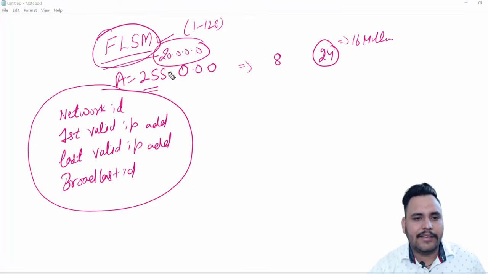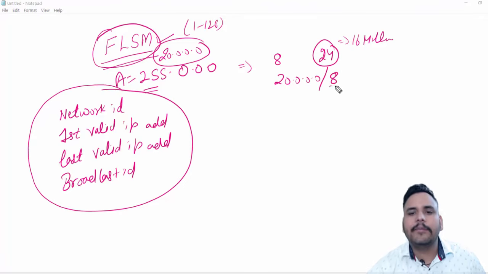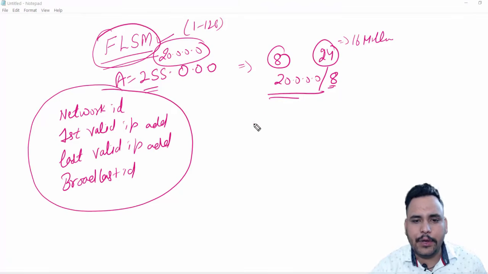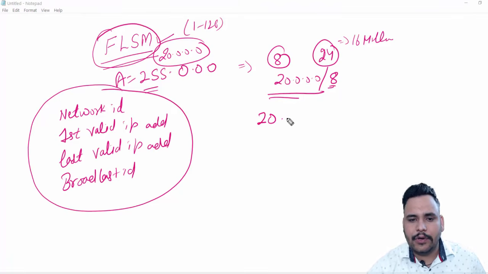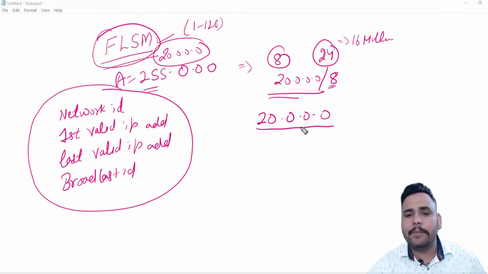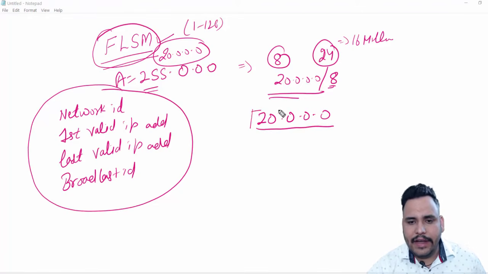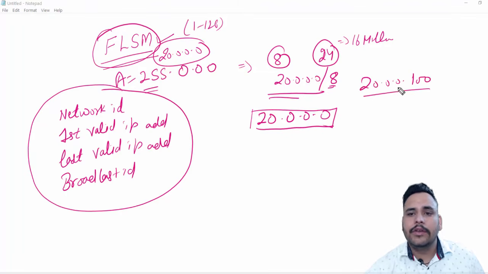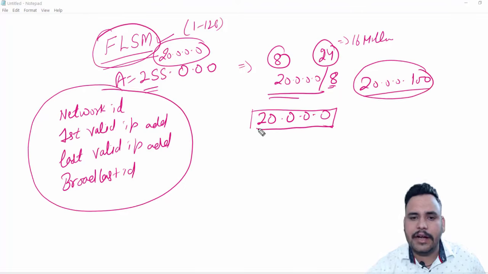Okay, so I'm taking an example: 20.0.0.0/8. 8 means that 8 bits are on. So what is the network ID for this? It is 20.0.0.0. The very first IP address is known as the network ID. For example, if I write 20.0.0.100 here, the network ID of this should be 20.0.0.0.